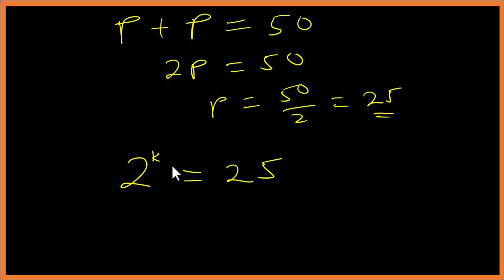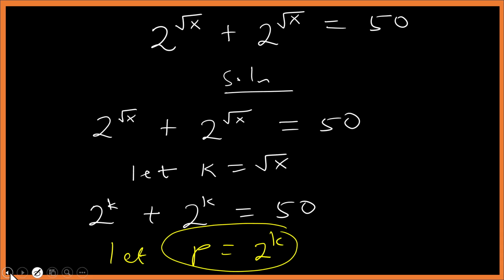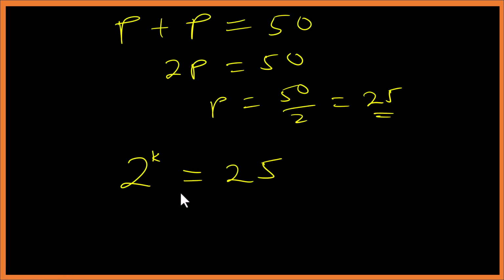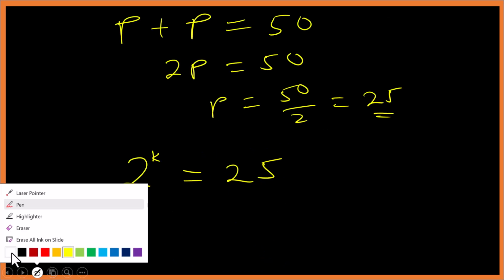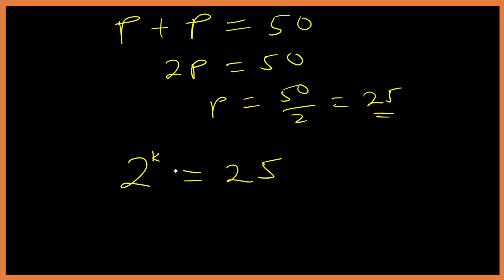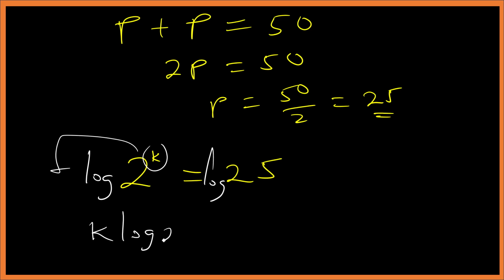So let's solve for k. After that, we send k back to its position. That will pave way for the value of x. Alright, so let's solve for k from here. As we take log on both sides, since we want to move the power here, take log on both sides. So this one is a power rule, so it will come here. That will be k log 2 equals log 25.